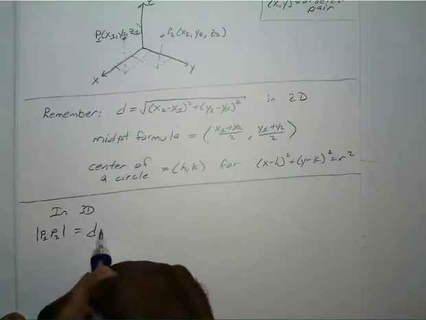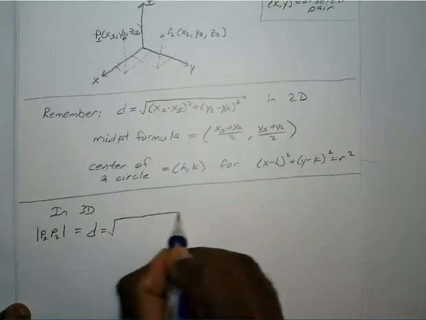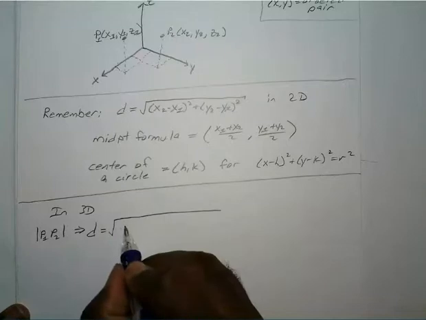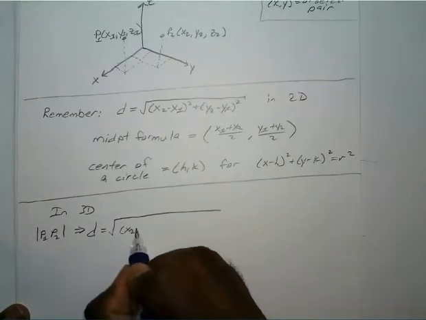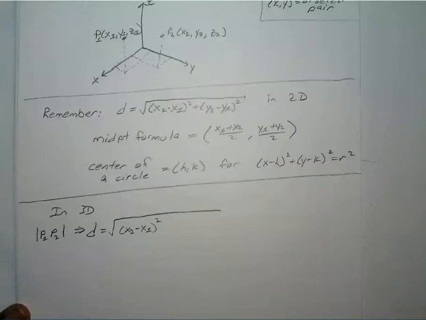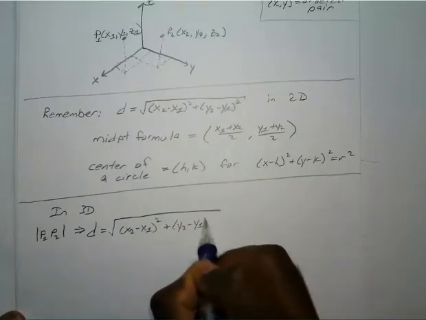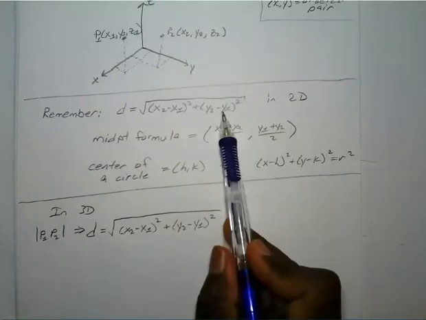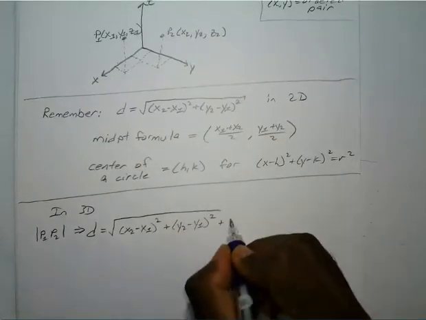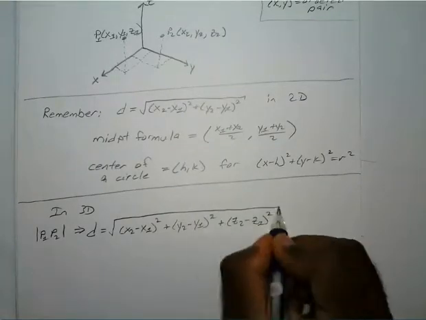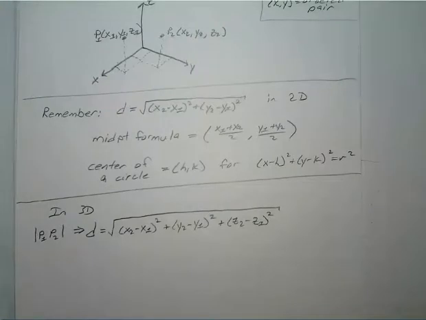So your distance is equal to the square root of x2 minus x1 squared plus y2 minus y1 squared, which is the same as in 2 dimensions, but in 3 dimensions it's just plus z2 minus z1 squared. The exact same thing, but you take into account that you're going up z.